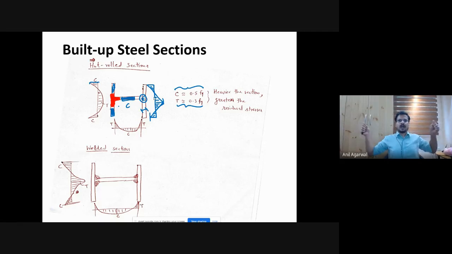Imagine that I'm holding one rope on each side and I want to shrink. What kind of stress will I develop if the ropes don't let me contract? I'll develop tension. So the part marked red will develop tension, and in the process, the blue part will develop compression, because it is the one not allowing it to shrink.